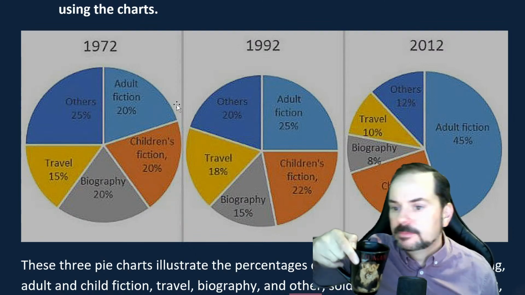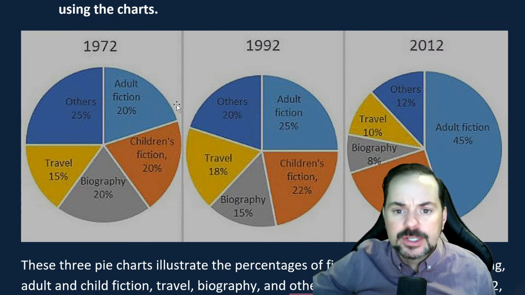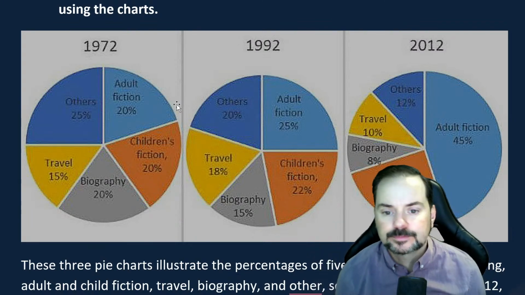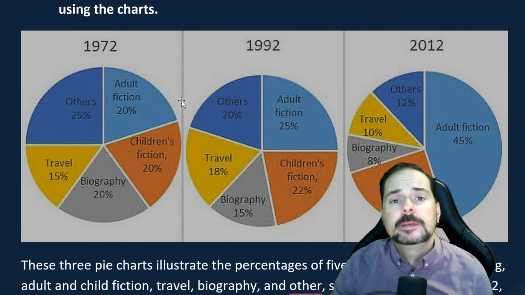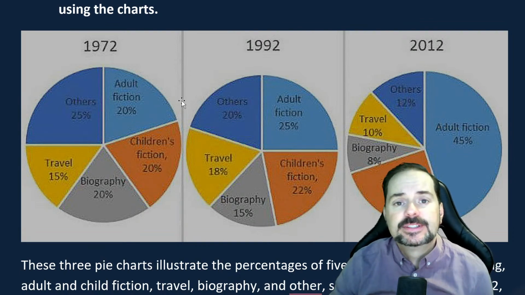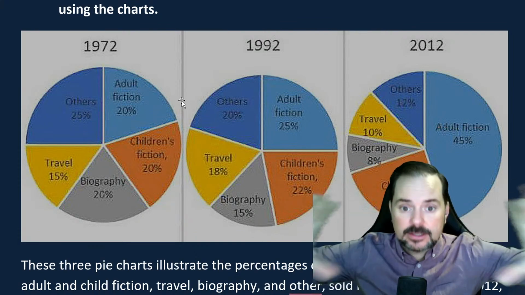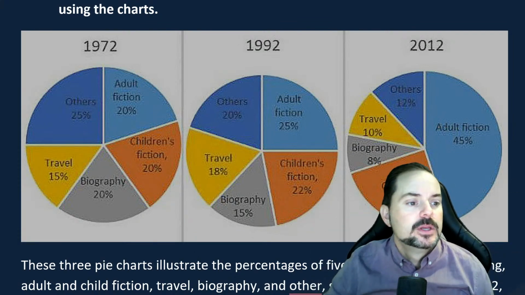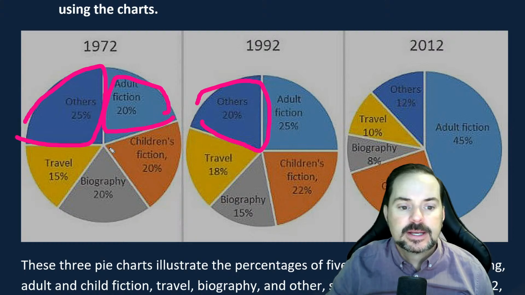So what do we notice? So when you're looking at the overview, you should be able to see it without going into detailed data. Okay, you should be able to see it just by kind of looking at the main pieces here. So here, we've got this piece here, we've got that piece there, that piece, that piece.